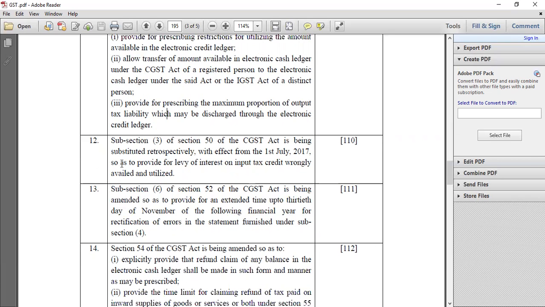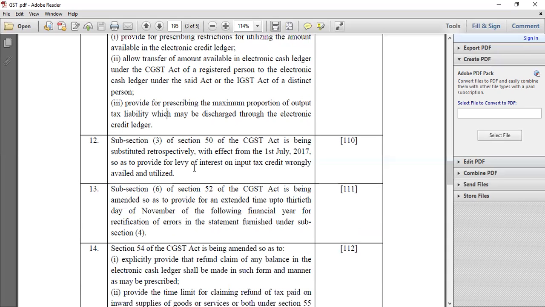Then comes Section 50 subsection 3 of CGST Act. This is being substituted retrospectively with effect from 1st July 2017 so as to provide levy of interest on input tax credit wrongly availed and utilized.